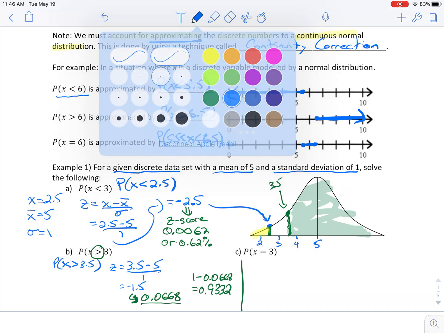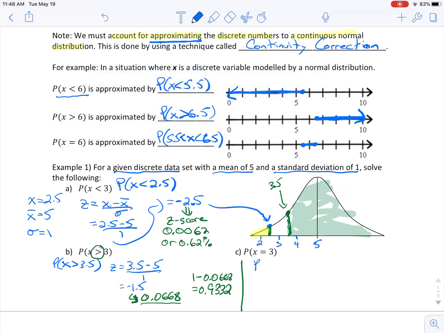So the last one here says the probability of exactly 3. So we use the unit, which is 2.5 is less than x, which is less than 3.5. And we take what we've already got because we've already calculated these. So I need the upper limit first because it's the bigger number, and I subtract. So I get the difference between them. And so my upper limit comes from this 0.0668. And the other one here was this 0.0062.